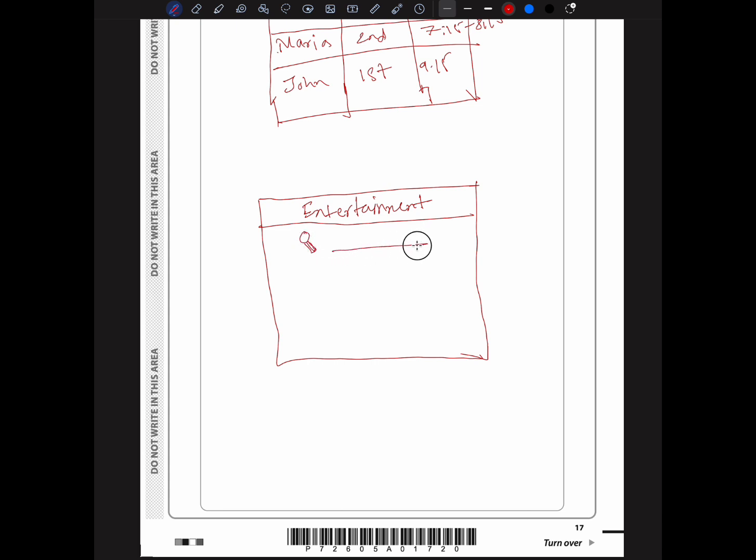Here they can search, and here we can add the names. Suppose the name of the movie is Harry Potter. The second name can be Twilight, and for the third, just guess and write it here. So these two are considered windows.